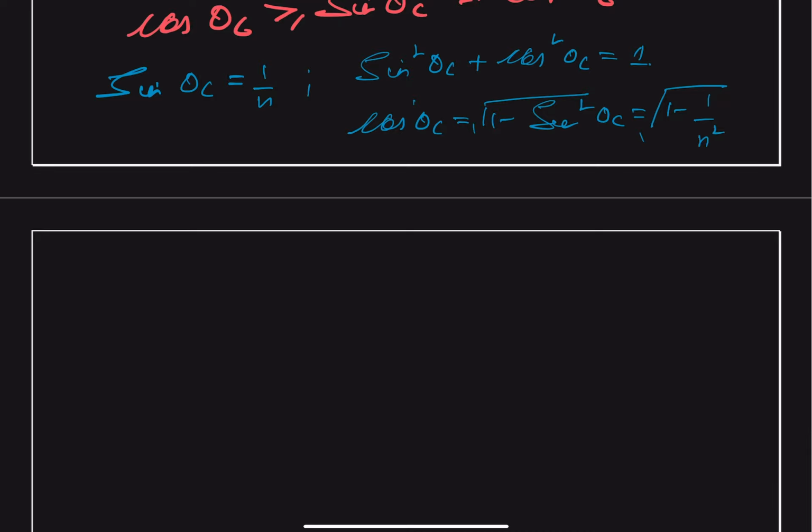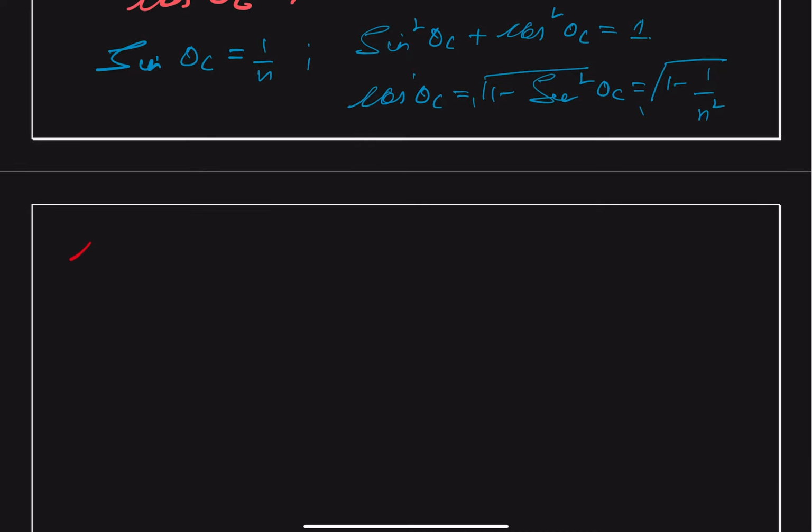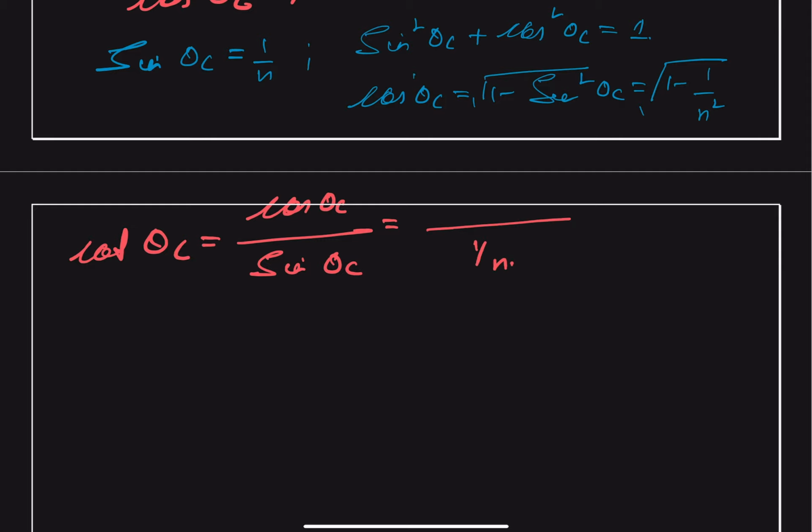So we get that cot of theta c is equal to cos of theta c divided by sine of theta c. We substitute the respective values, and this gives us the square root of n square minus 1.